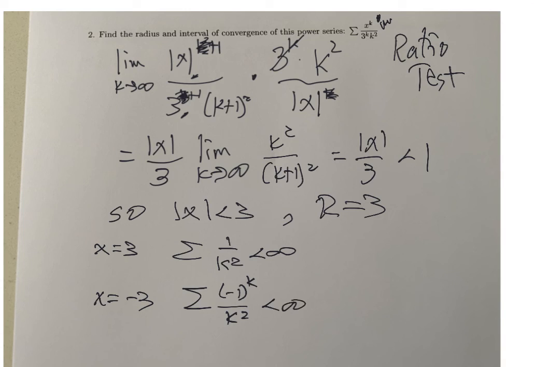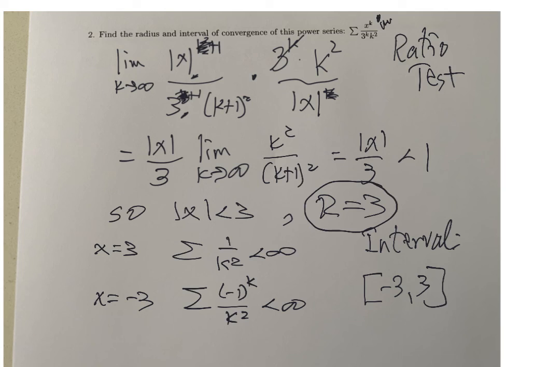And therefore, for our interval, we're going to add both endpoints. And there we go. The radius is 3. The interval is every number greater than or equal to -3, less than or equal to 3. And that's problem number 2.